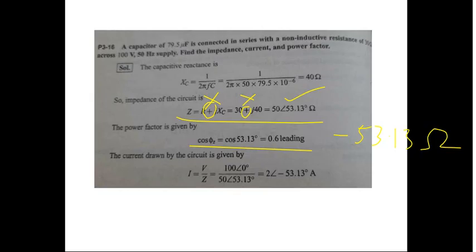is not correct. Please do not follow such problems, do not follow such books, because your I is V by Z. Z here in this case must have a minus sign because it is a capacitive reactance. Okay, so the current magnitude is correct, but the angle is 53.13 plus. If it is minus, it is understood that with respect to voltage the current is lagging, right?